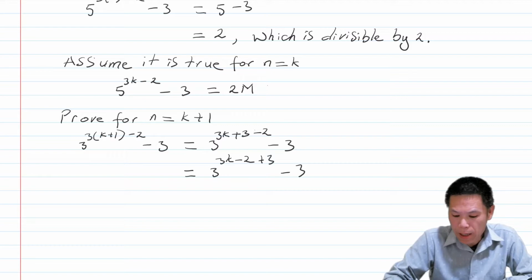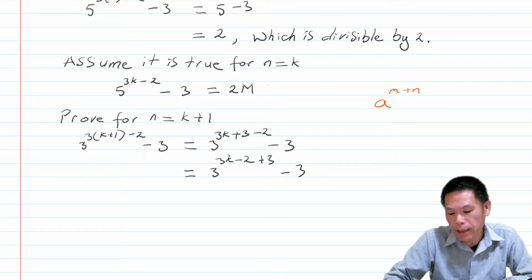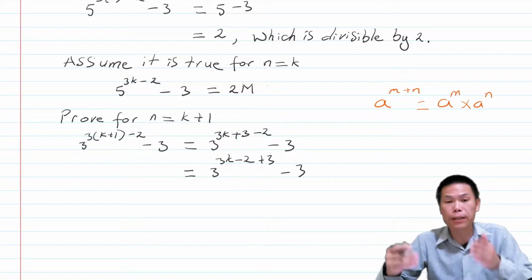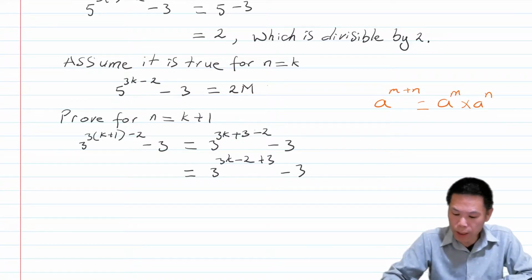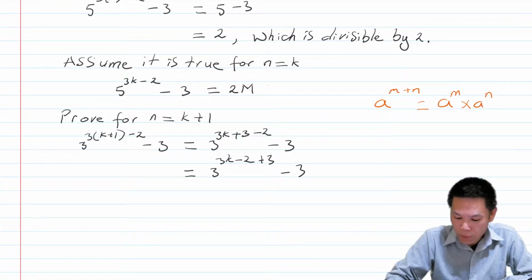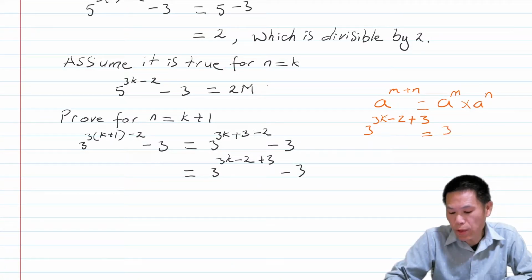Now remember, a to the power of m plus n is equal to a to the power of m times a to the power of n, right? So in other words, 5 to the power of 3k minus 2 plus 3 will give me 5 to the power of 3k minus 2 times 5 squared.